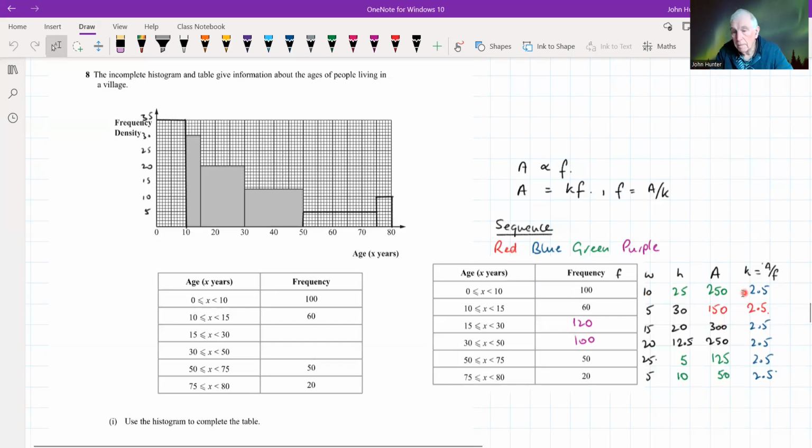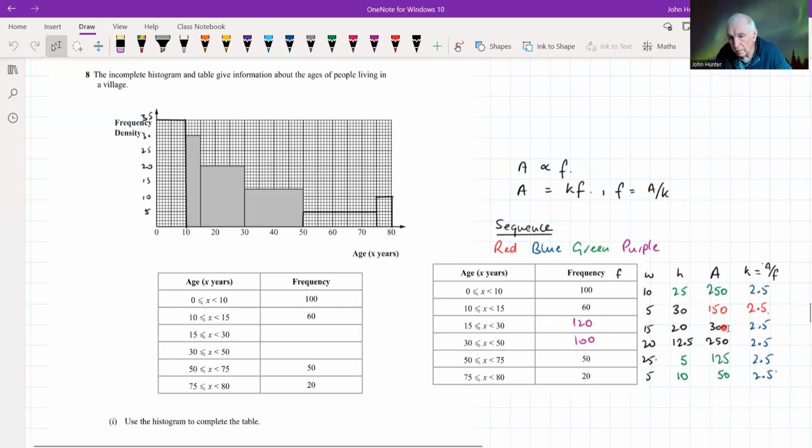Okay, and then we can basically go through and do the same thing for down here and down here. Now we've got the width, height, and area for these two bands. What we don't have is the number, but now we can work this out. The frequency is going to be equal to the area divided by the constant.